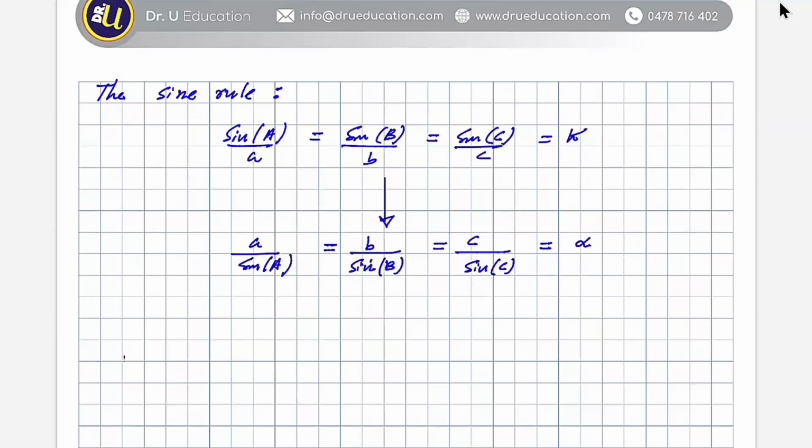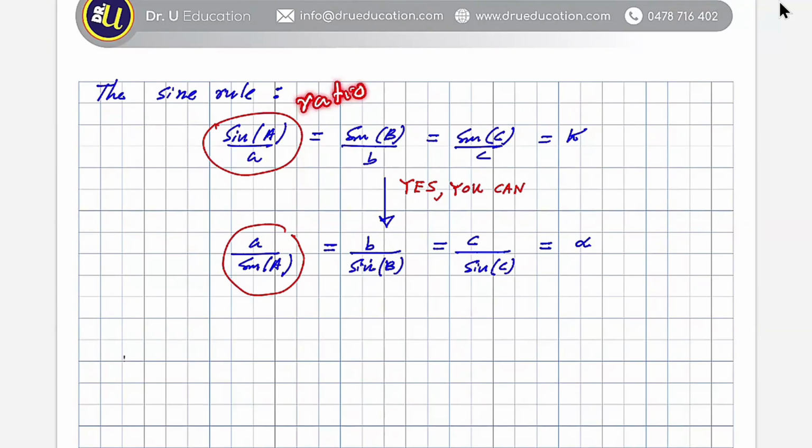The answer is yes, you can. What is the difference between this and this? Logically, both are the same. The whole purpose of the sine rule is to get the ratio.